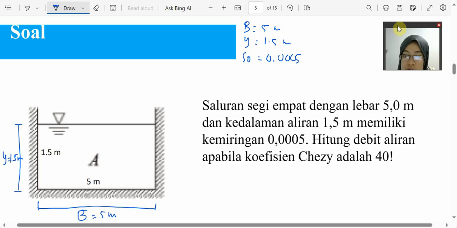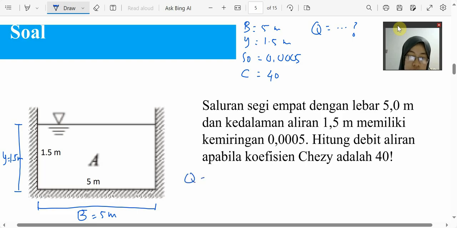Also, the Chezy coefficient C is equal to 40. What they want us to find is the discharge Q, how much discharge flows in this open channel in this problem.